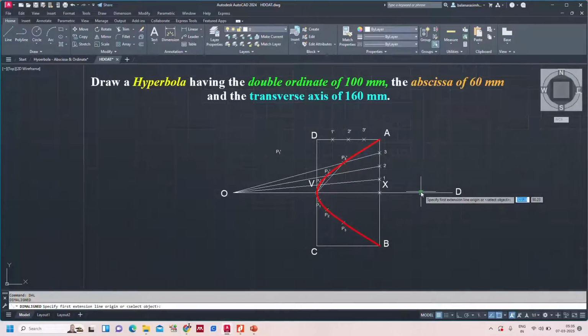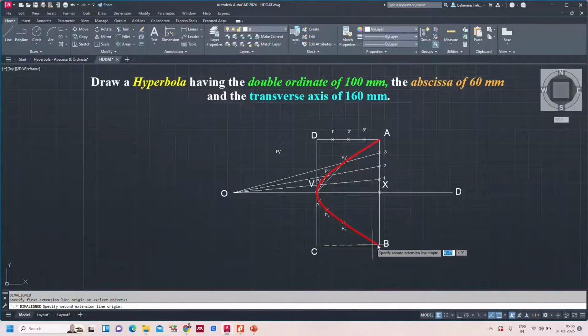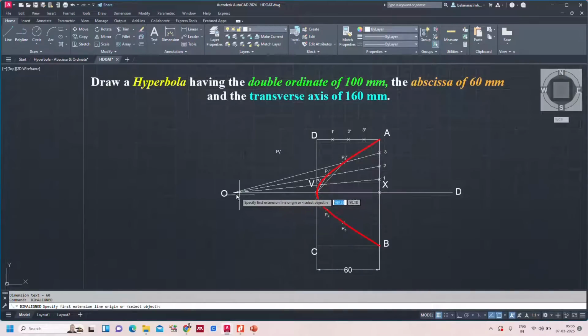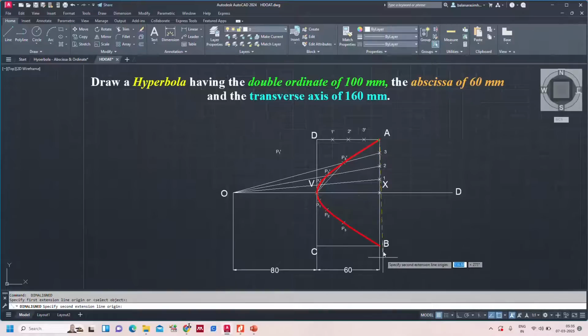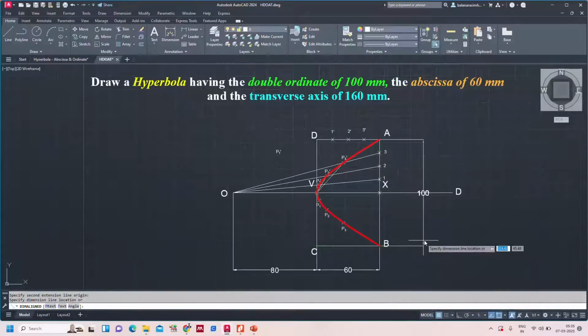Now let's give the dimensions. This is the abscissa, and this is the transverse axis, and this is the double ordinate.